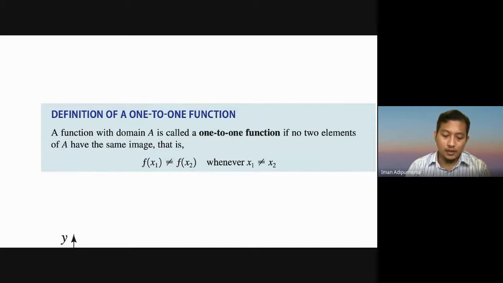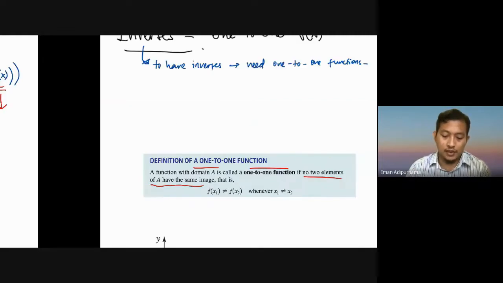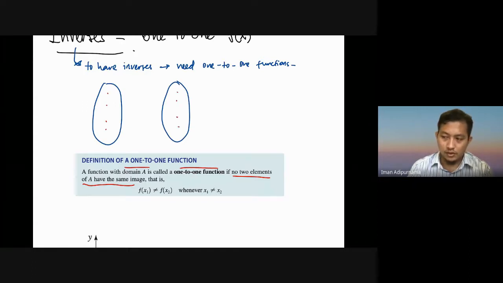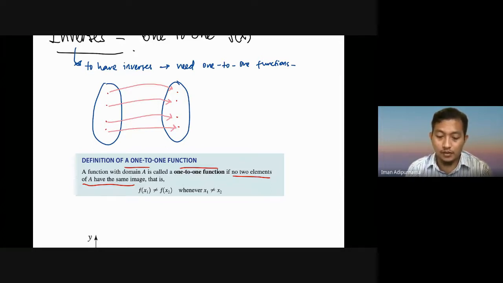A function with domain A is called a one-to-one function if no two elements of A have the same image, which means, for one-to-one, we have precisely one x and one y at each point. And look at the other one here.